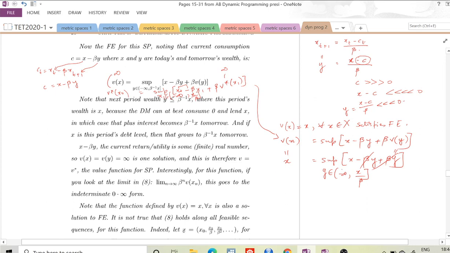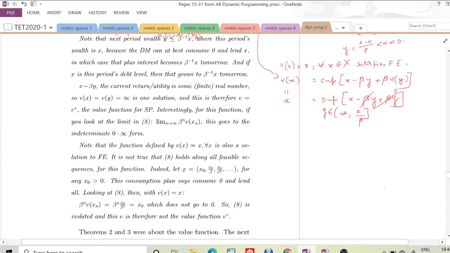So with this solution, consider the following path. So suppose I start with some positive wealth, right? The following plan is feasible for me. I don't consume anything, anytime. Okay, it's a feasible plan. I lend all of this. So then next period, my wealth grows to x naught by beta.